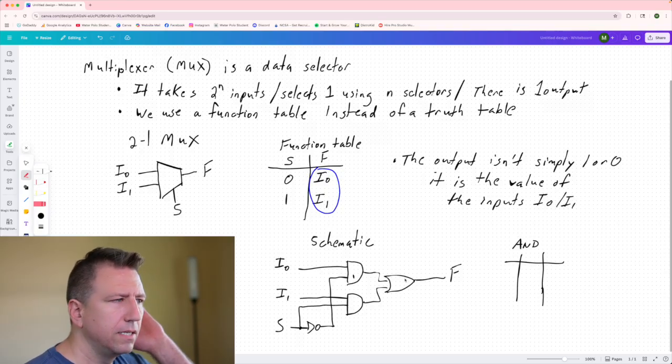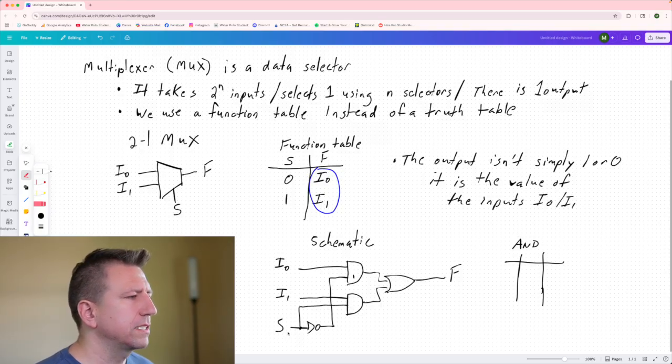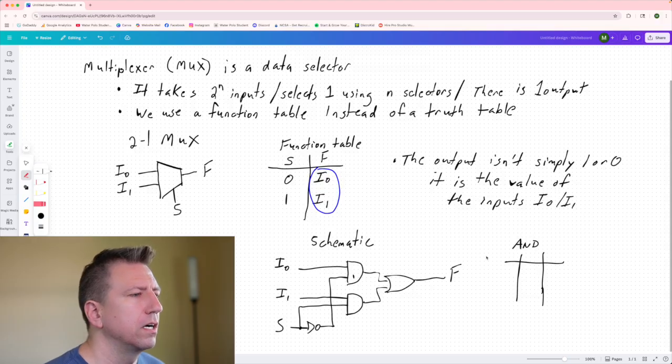Okay, sorry about that. If S comes in as a 0, then this input becomes a 1, and we activate this AND gate, and I'll show you what that means. And if S comes in as a 1, then we put a 1 to the AND gate here, and we activate the AND gate associated with I1. So on an AND gate, we activate the AND gate when our S, I'm going to call X here as our S, is 1.